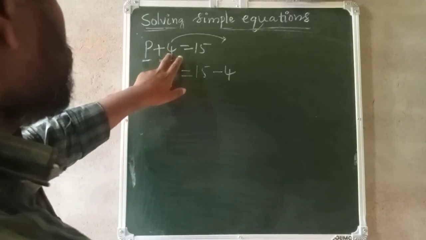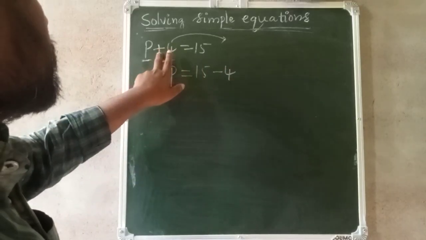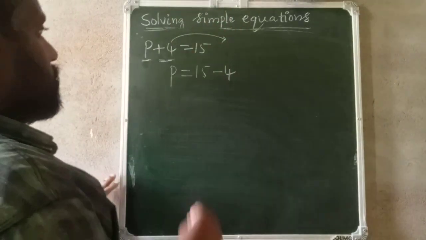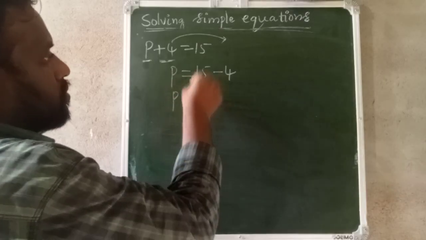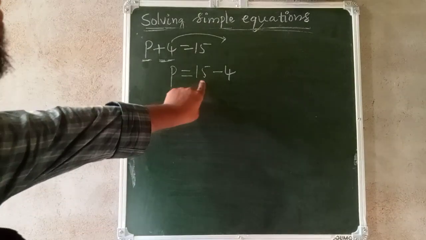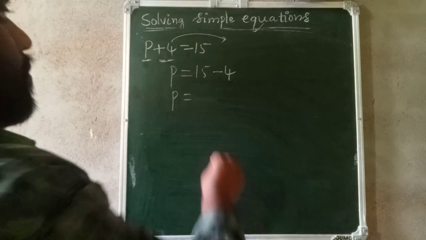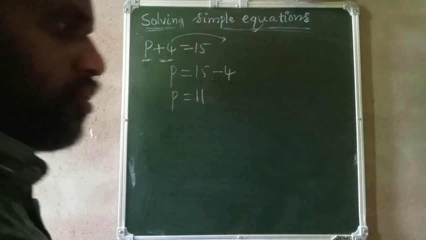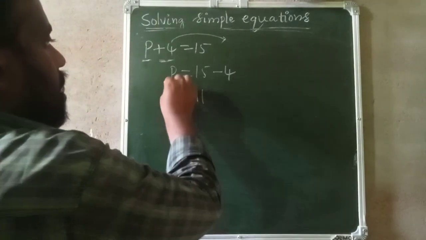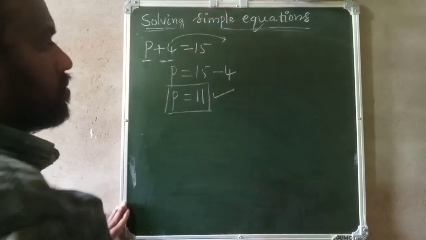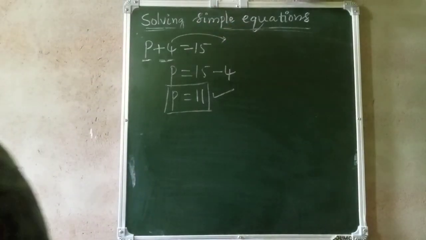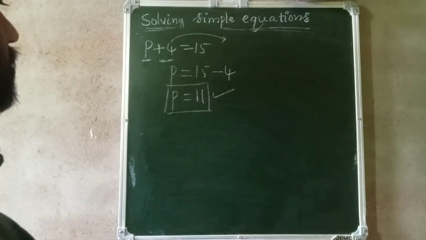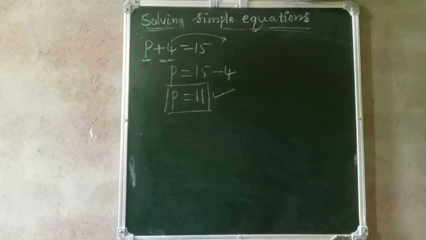That means 4 is the same, this plus changes to minus because we are moving this to this side. So next step, you write p is equal to, now 15 minus 4 is how much? It is 11. Now see, this p is equal to 11 is the answer.